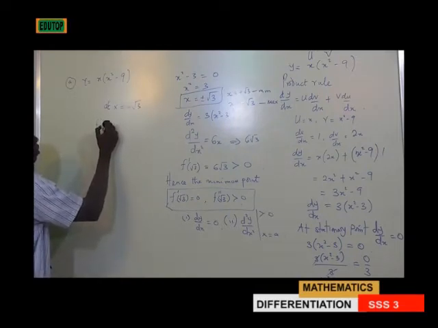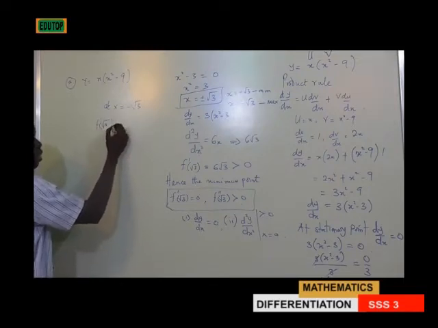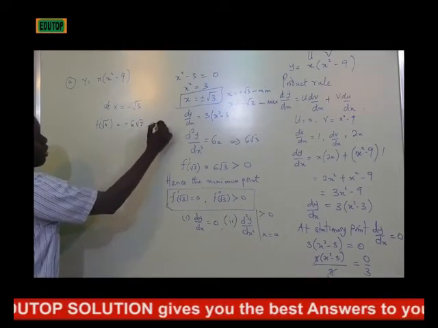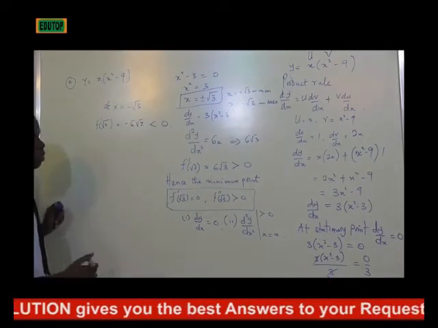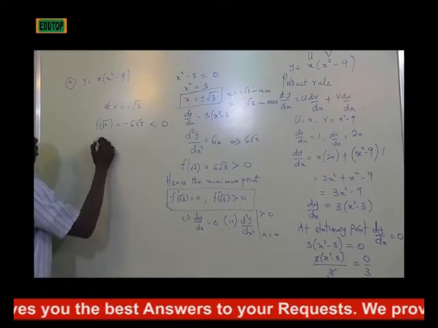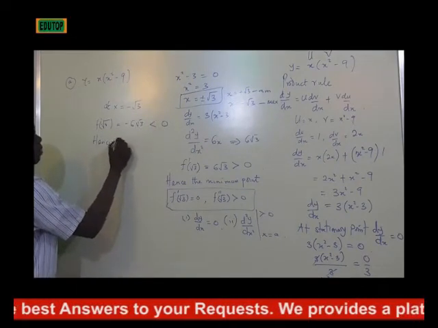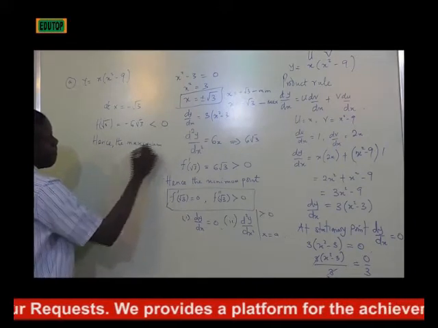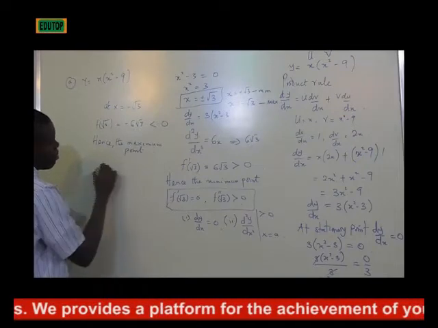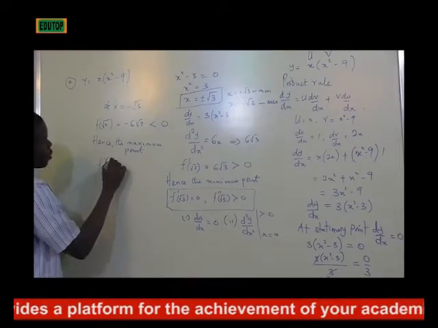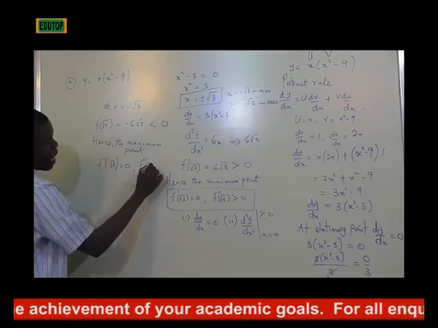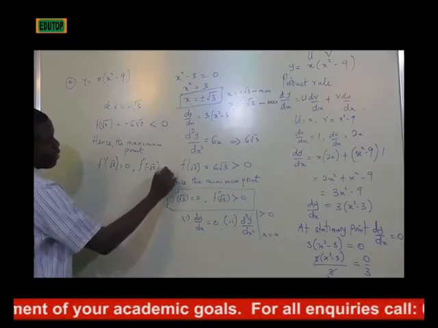Of minus root 3, f prime of minus root 3 is equal to minus 6 root 3. This time around it is less than 0. So hence the maximum point will be f prime of minus root 3, which is equal to 0, comma, f double prime of minus root 3 is less than 0.